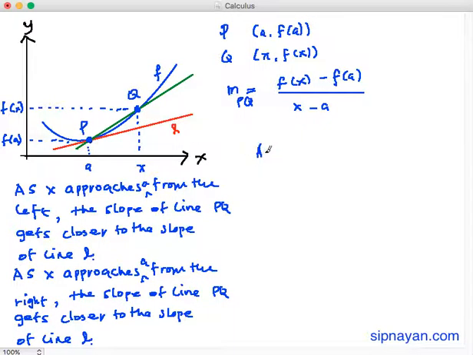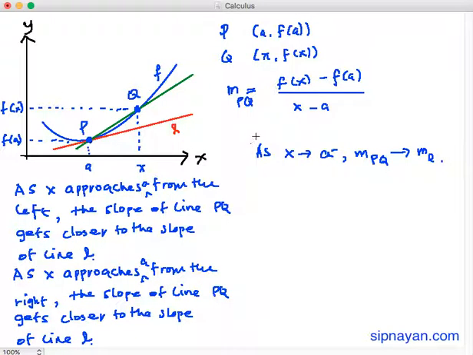As x approaches A from the left. Ang from the left, exponent siya na minus. And then the slope of PQ, M subscript PQ approaches the slope of line L.